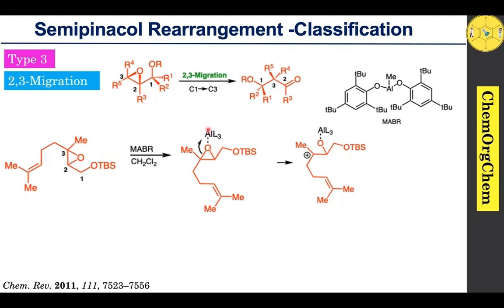When you coordinate with the Lewis acid, this electron moves towards the aluminum. Here you see that the carbocation is generated in the third carbon, because the third carbon can stabilize this carbocation intermediate. After that, the alkyl group migrates from the second carbon to the third carbon.